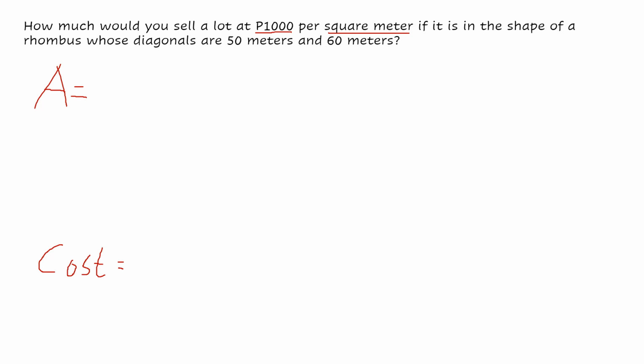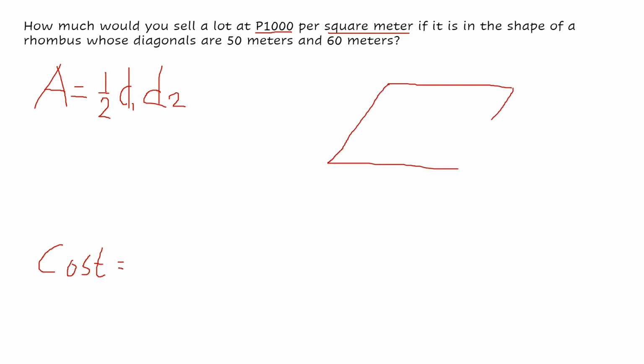Now remember that the area of a rhombus can be computed by using the formula area equals 1/2 times diagonal 1 times diagonal 2. Now, let's draw a typical figure of a rhombus to figure out the situation.